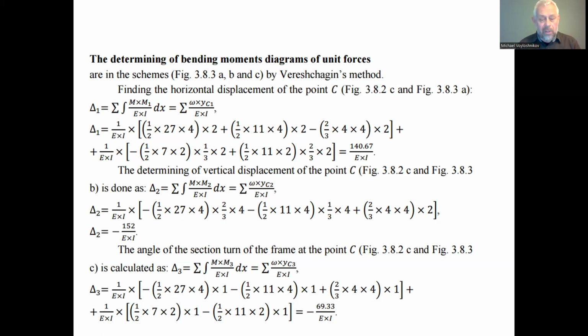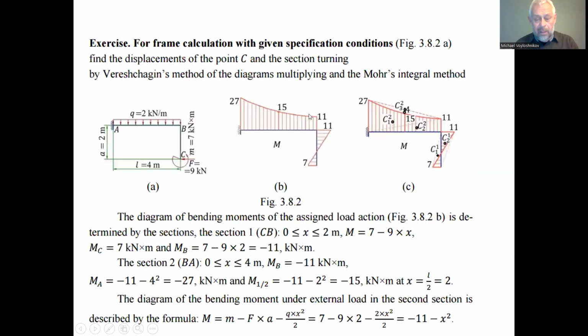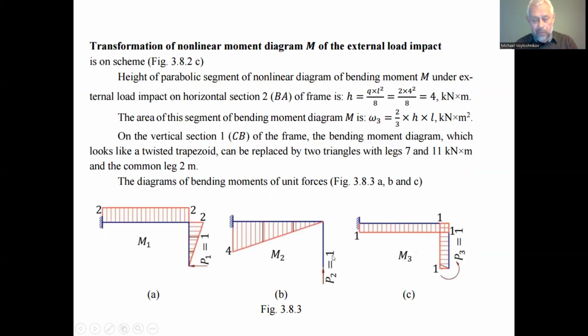Accordingly, we determine the vertical displacement of the point C under the action of the external load. In the point C we applied a vertical load equal to 1. We now have the bending moment diagram in the BC element of the mechanical system, and we have a linearly varying magnitude of the bending moments on the stretched fibers of the AB element.